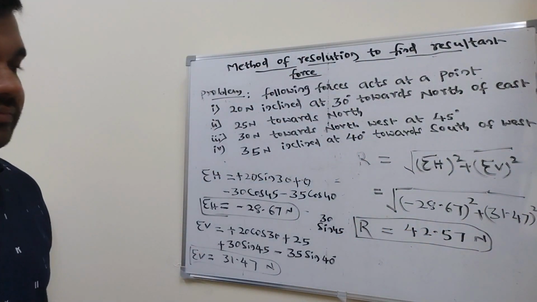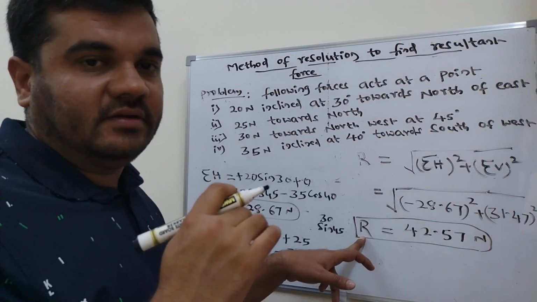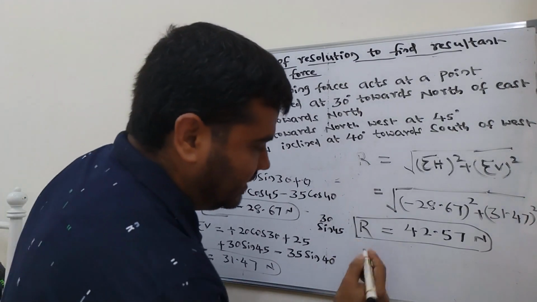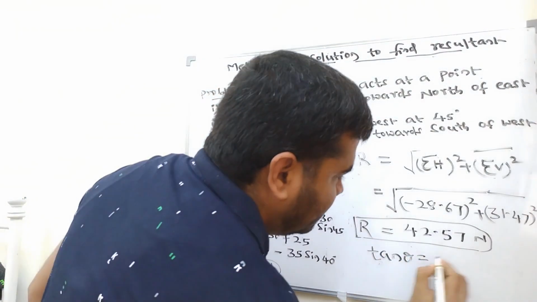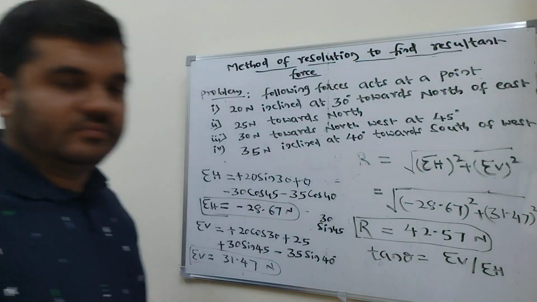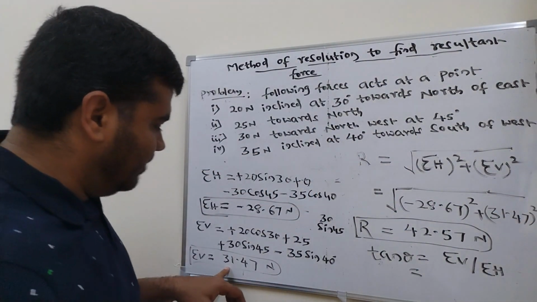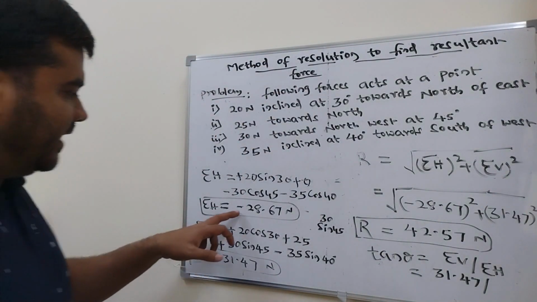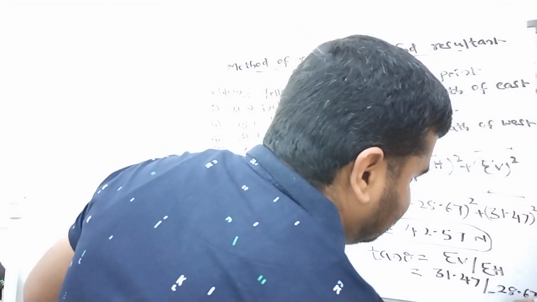Then how will we find the angle of this resultant force with respect to horizontal? Use the formula tan theta equal to summation of V divided by summation of H. What is the summation of V here? 31.47 divided by the summation of H, which is minus 28.67.